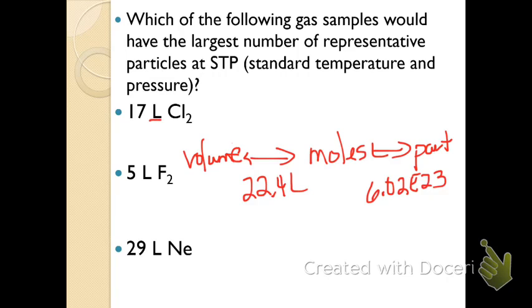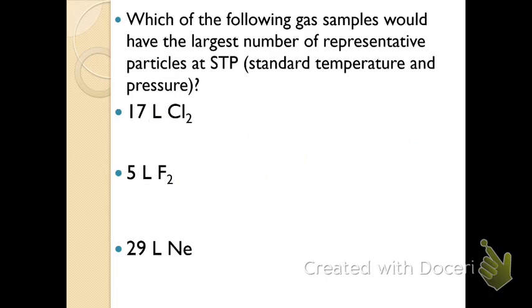These are in liters, so I'm going from volume to moles. I'm not going from moles to volume, so I'm going to have to divide this by 22.4. But I am going from moles to particles, so I'm going to have to multiply this by 6.02 E23. Hopefully that's what you did.